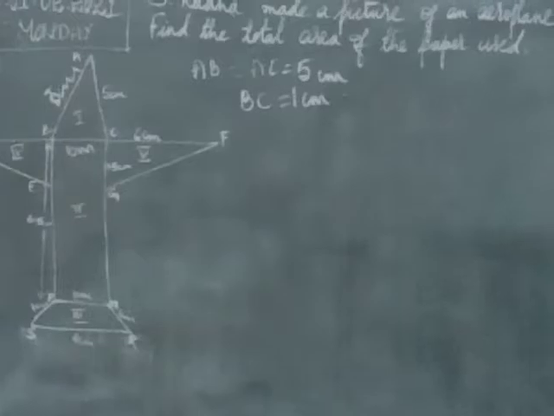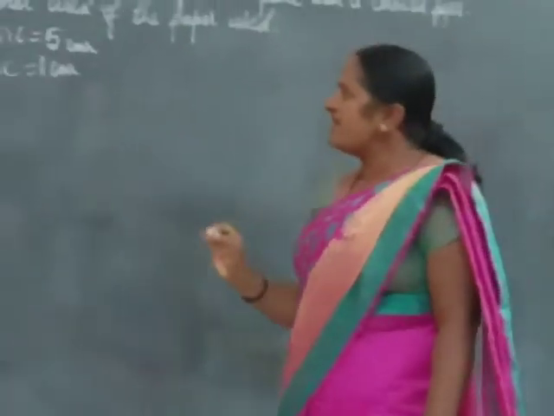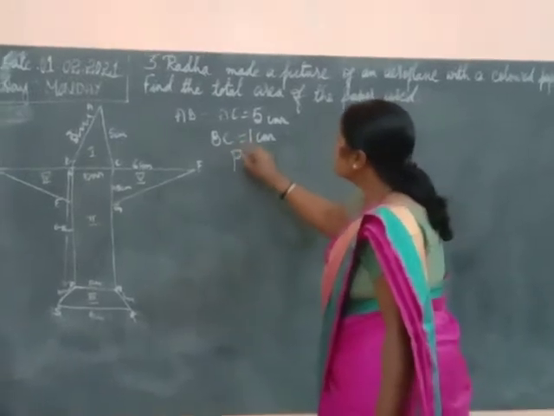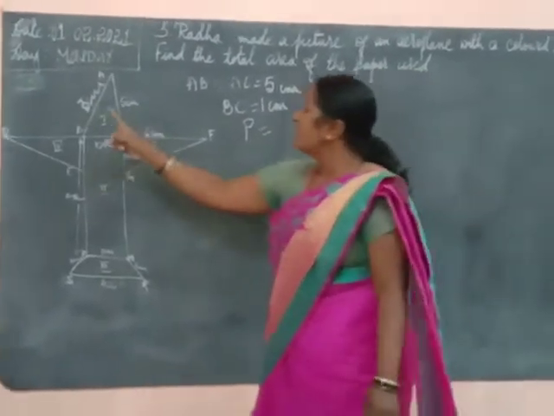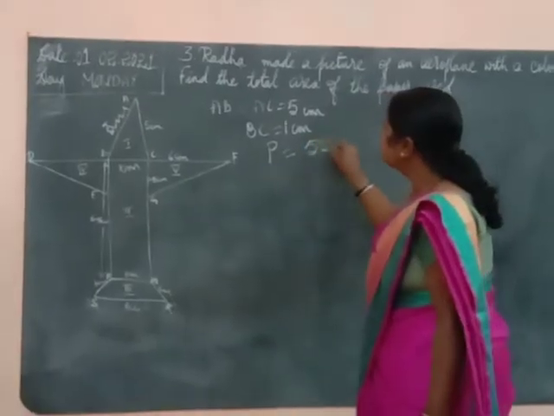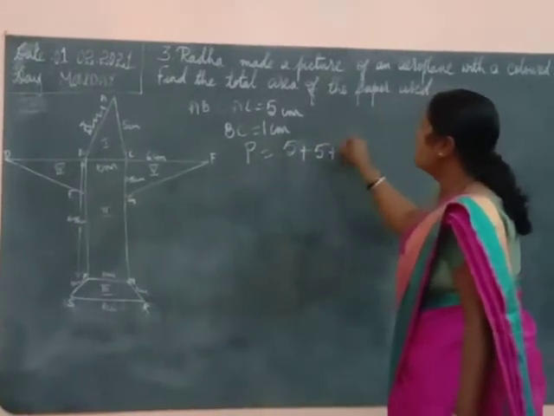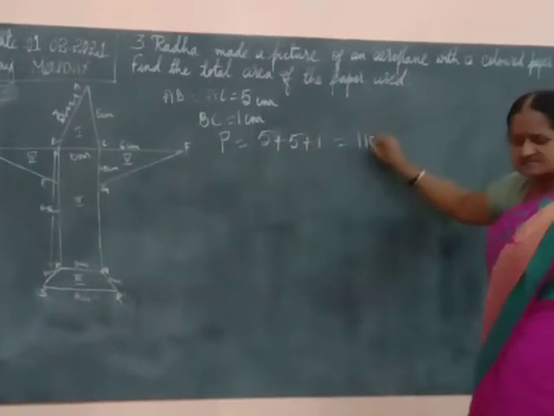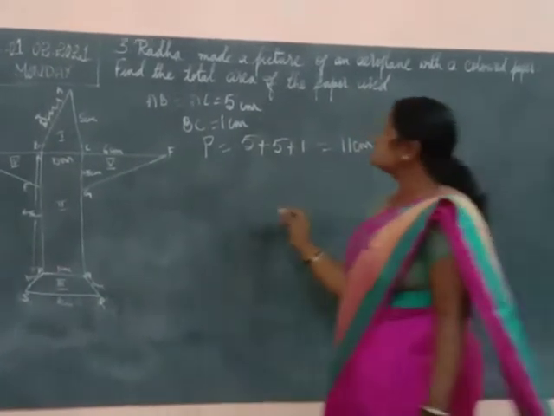To find through Heron's formula, we have to find the perimeter. What is perimeter? A plus B plus C, that is 5 plus 5 plus 1. That is equal to, how much do you get here? 11 centimeter.